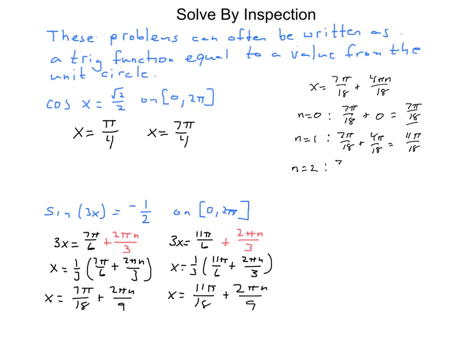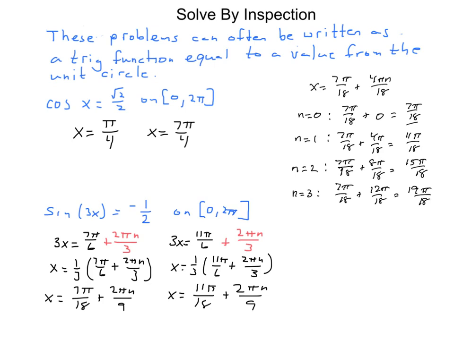And when I do that, I'll get 7 pi over 18 plus 8 pi over 18, which is 15 pi over 18. When I put n equals 3, I'll get 7 pi over 18 plus 12 pi over 18, which gives me 19 pi over 18.